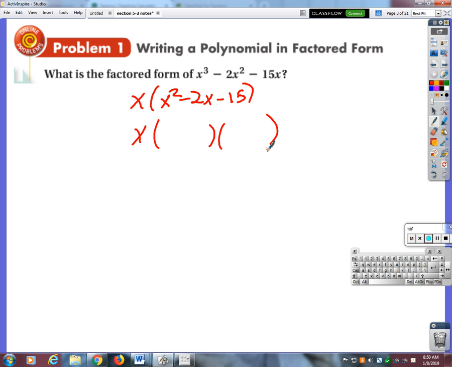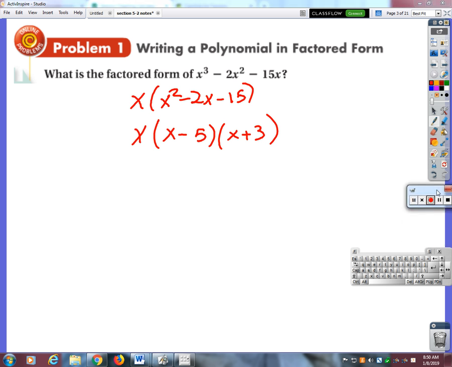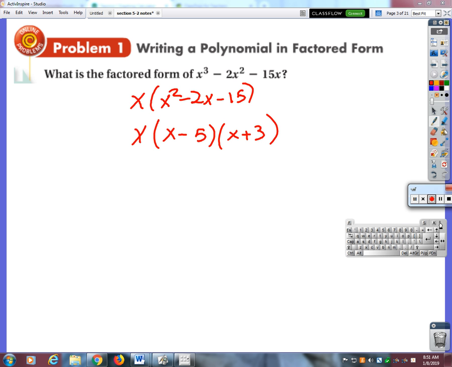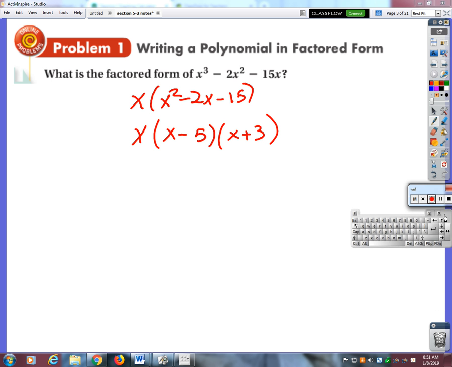Two numbers that multiply together to be negative 15 and add to be negative 2 are negative 5 and positive 3. Good. So that in factored form is x times x minus 5 times x plus 3. All right? So just one little extra step added on to what you guys were doing before with quadratics. Okay?